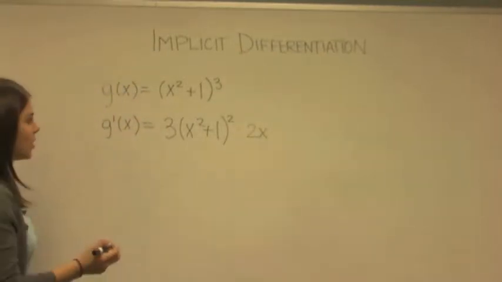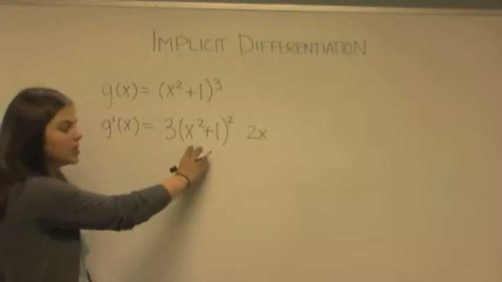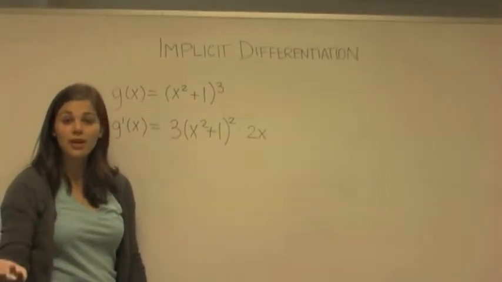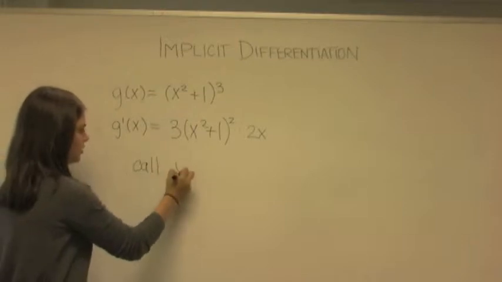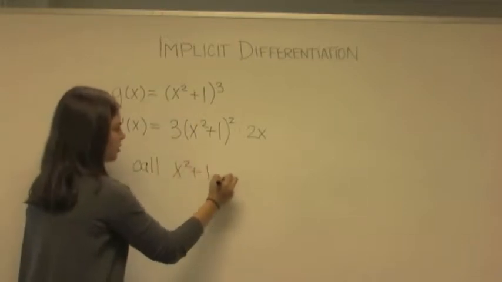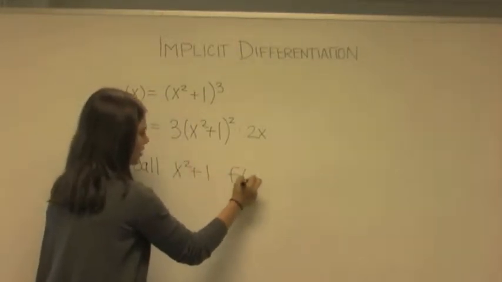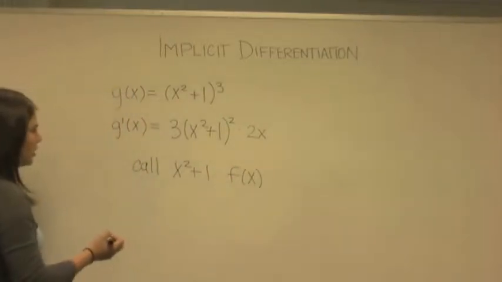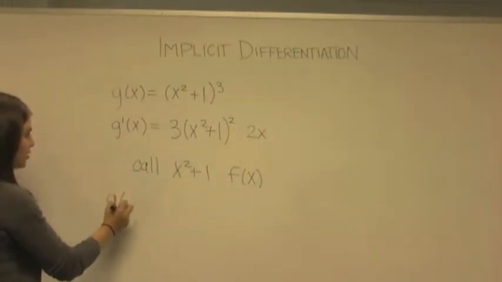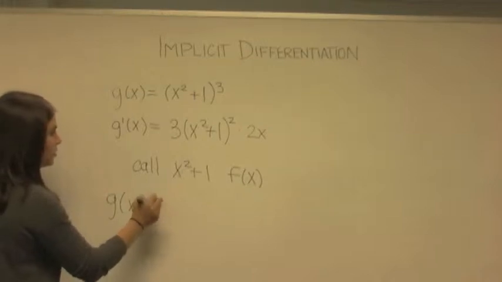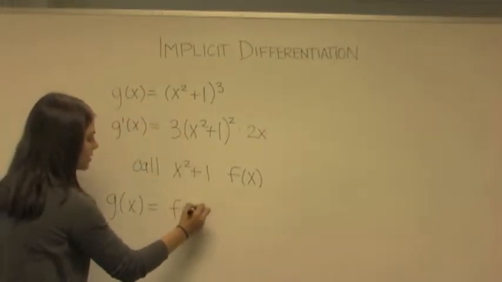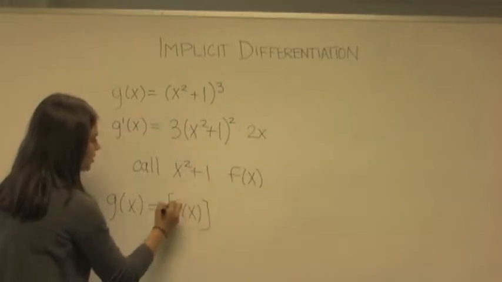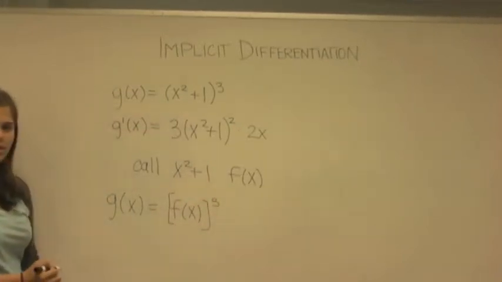Okay, so x squared plus 1 is just a function. So we can call that function f of x. So now when we look at g of x, it is just equal to f of x cubed.